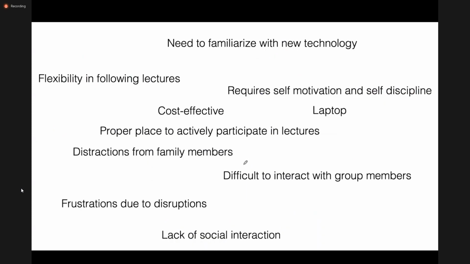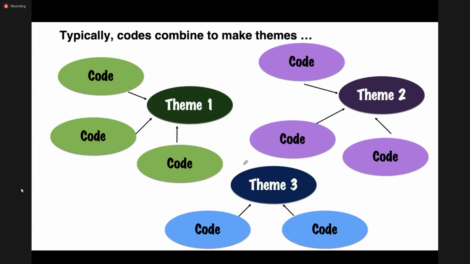Right? So in our previous example, the barriers to health and safety. By going through the different codes we have come up with, maybe we can identify, okay, some of these codes talk about financial barriers to health and safety. Some of these codes talk about managerial barriers.